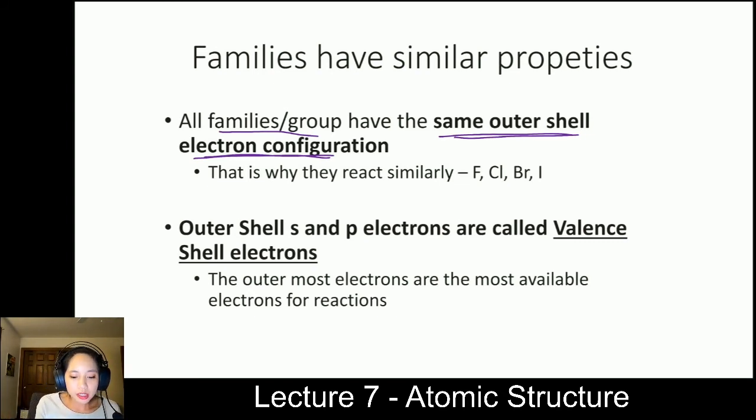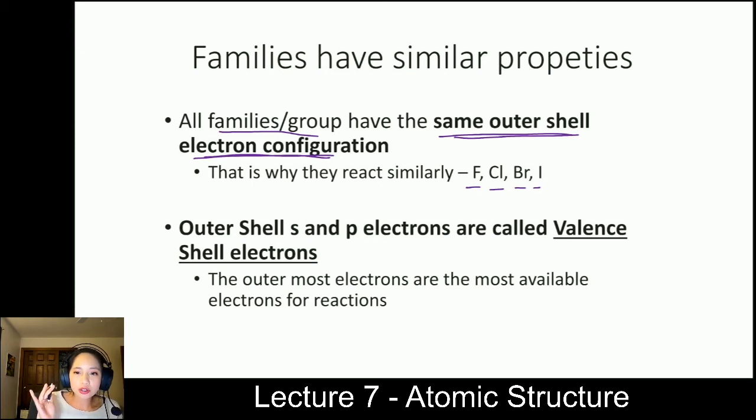So this is why you see fluorine, chlorine, bromine, iodine, all those elements will react similarly because they all are in the same family, but more specifically is because all of them have the same type of outer shell electron configuration. So what do I mean by that? This outer shell configuration, these are the S and P electrons that are in the outermost ring of our orbital diagram. And we also call these valence shell electrons.